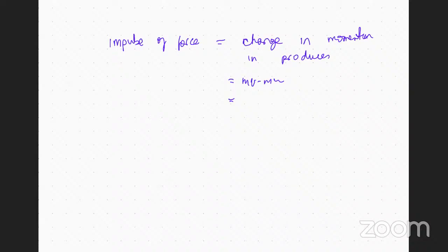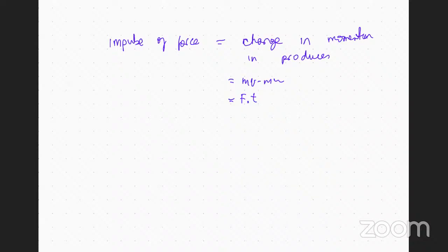P by T, momentum? Nah, not P by T. It will be F by T. At least you get the T right. You get the T part right. Very good. But you leave out the F. Very bad.